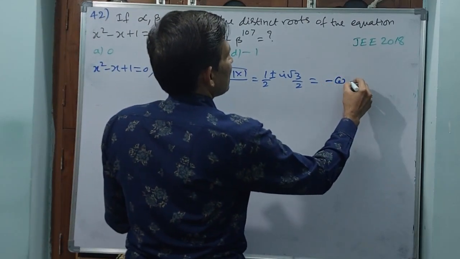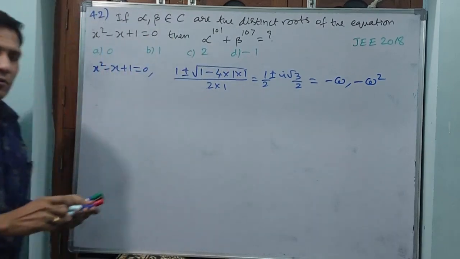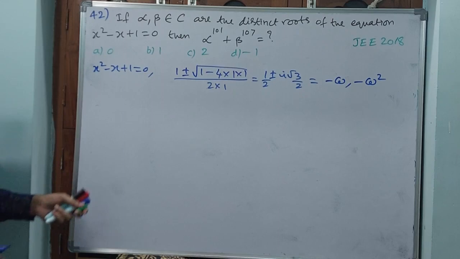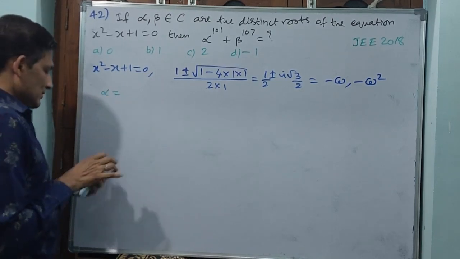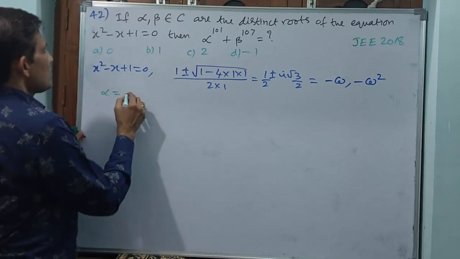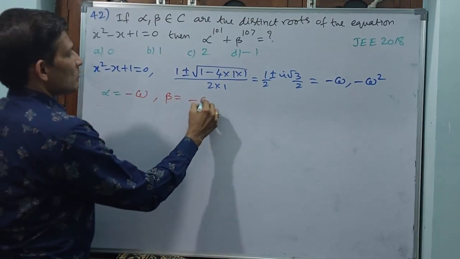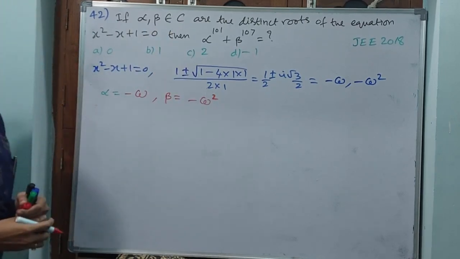Minus omega, comma, minus omega square. Okay, roots. That means alpha is equal to minus omega. Don't forget it. Alpha is equal to minus omega, comma, beta is equal to minus omega square. Two distinct roots. Okay, complex roots.